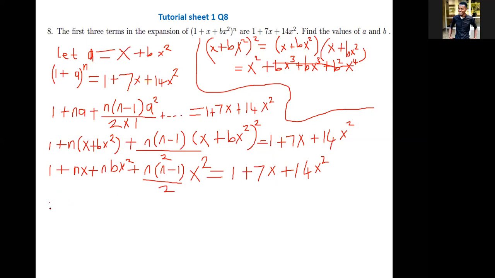So my nx is equal to 7x alone. Why have I equated it to 7x? Because these terms have the same degree, 1, on both sides. So I'll divide both sides by x, then my n would be nothing but 7.